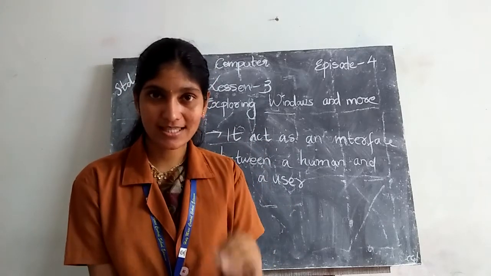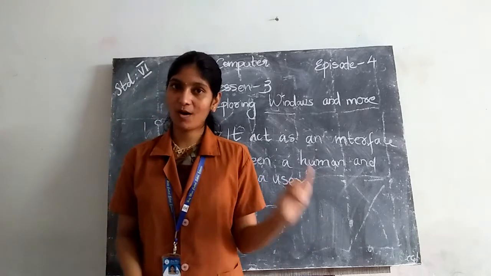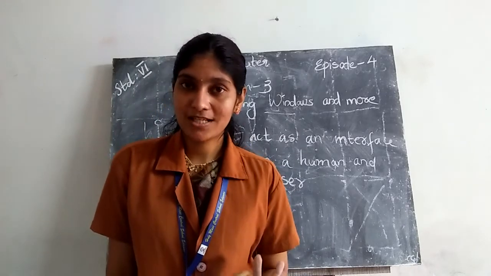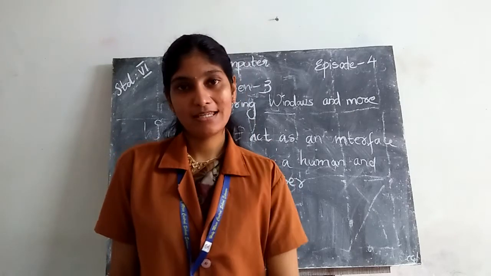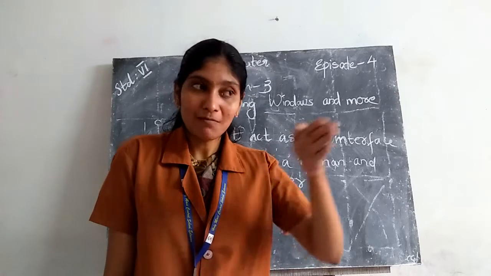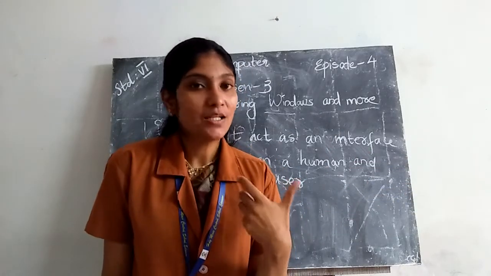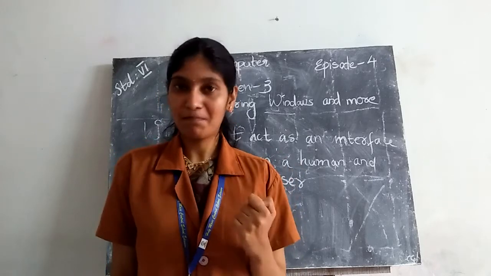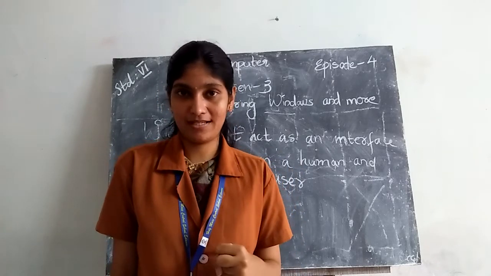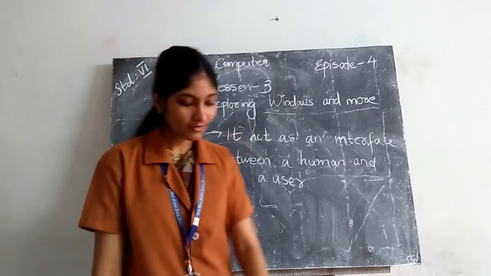It manages the hardware and the software resources. Second point, it acts as an interface between a human and a computer. That means there is a medium in between a human and a computer. We need to communicate with a computer, so we need an interface. That's why the operating system does this.